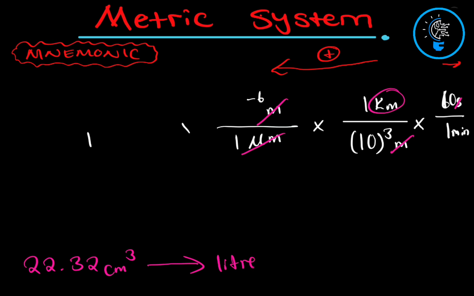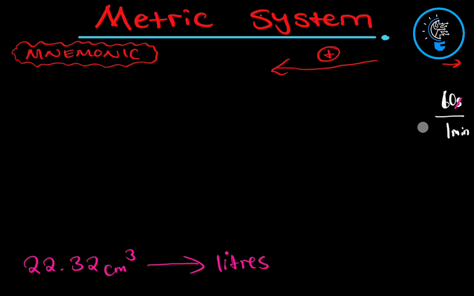Let's do it. So on our metric system, we had something called deci, which is 10 to the power negative 1. You remember? Yeah, which is 10 to the power negative 1.